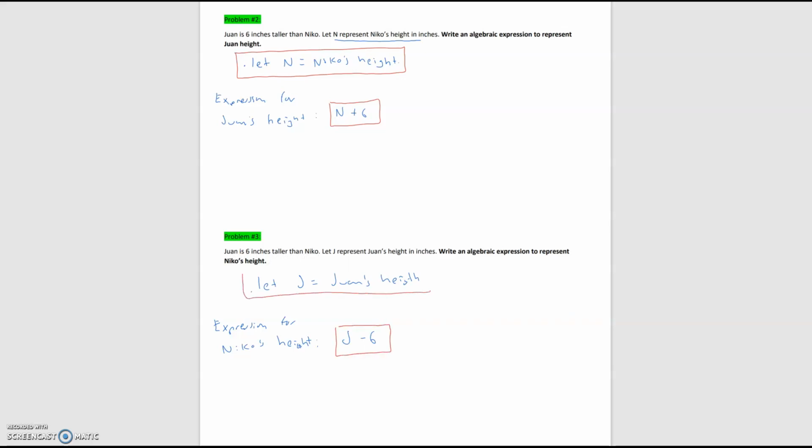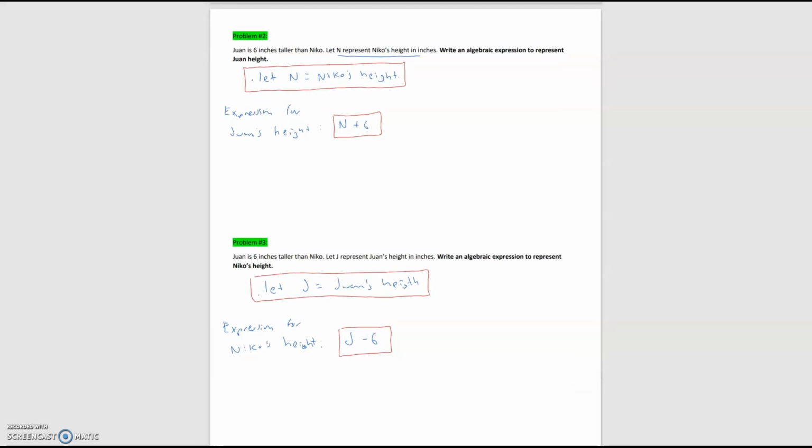And this is part of our answer. Okay, so for these two problems, you just have to be very careful exactly how they want the expression. If they don't mention this portion here to represent Juan's height, you could have expressed this using a different variable, and also it could have been in a different way.